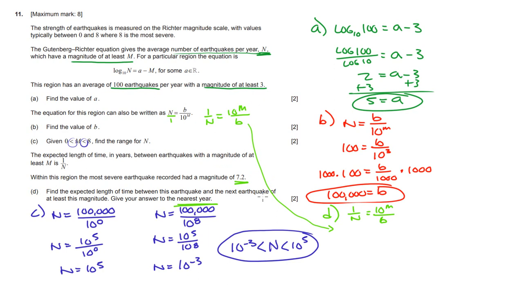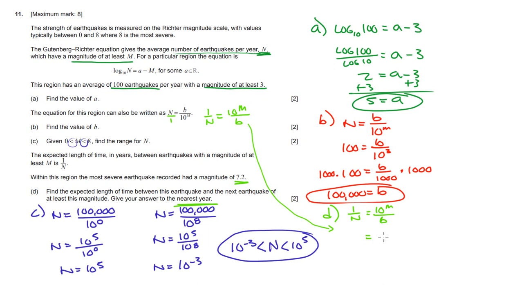We know that b is 100,000, so we've got, let's see, this 1 over n is the same thing as the time, so our magnitude is, let me back this up for a second. Okay, I'm just going to get rid of that m because this is just going to be the time that it takes, right?